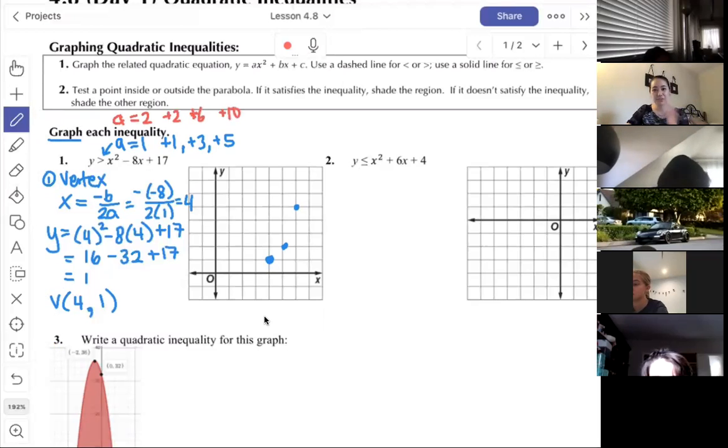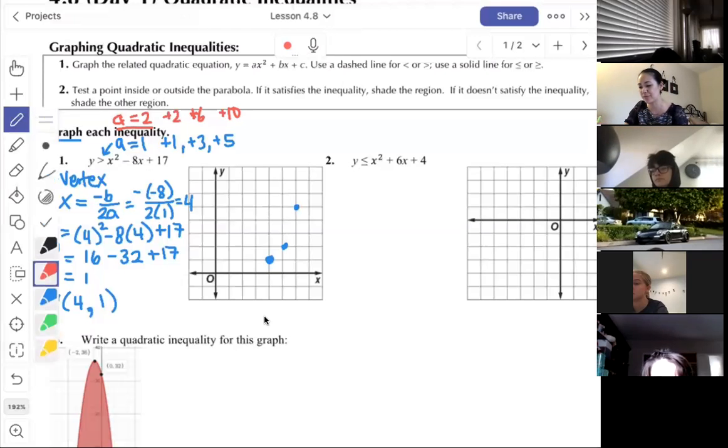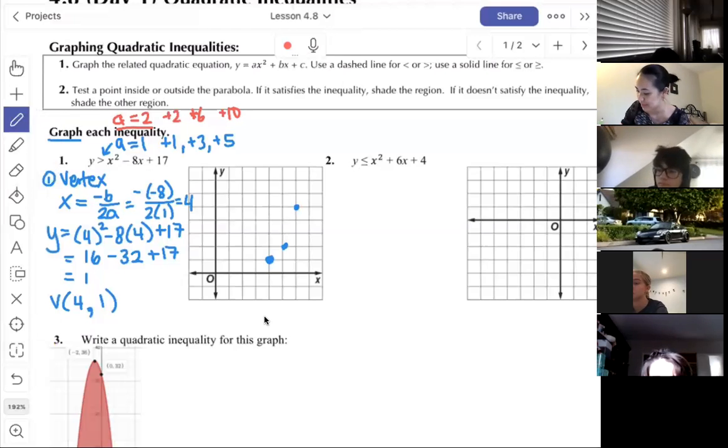So you need to multiply 1, 3, 5 by whatever A is. So be careful, don't always go 1, 3, 5. It's those numbers times a. All right, but in this case, since a is 1, we'll go up 1, 3, and 5. All right, does that make sense? Any questions about that?